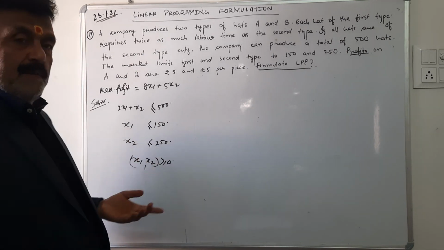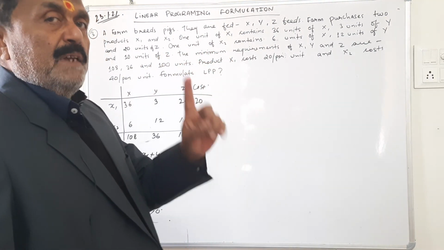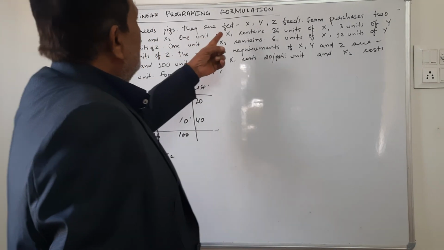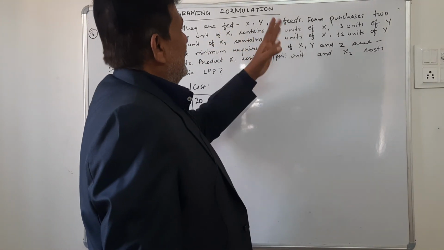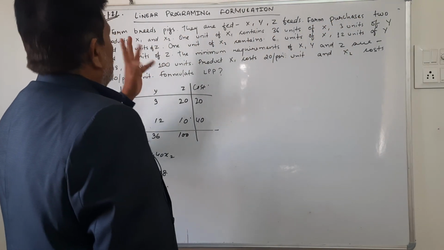One more sum of minimization I am going to show you. Now this is the third sum, and this relates to a minimization problem. A farm breeds pigs. They are fed 3 feeds, X, Y and Z. Farm purchases 2 products, X1 and X2.